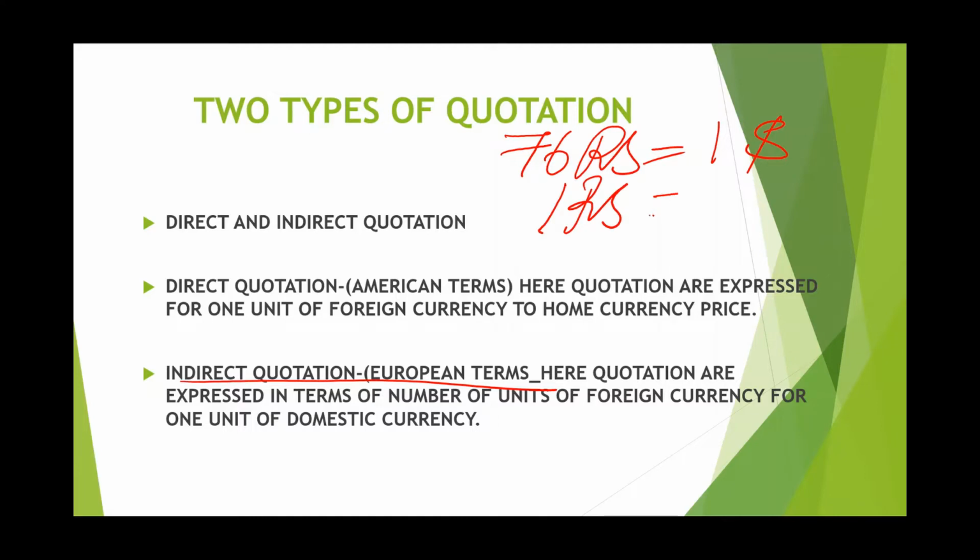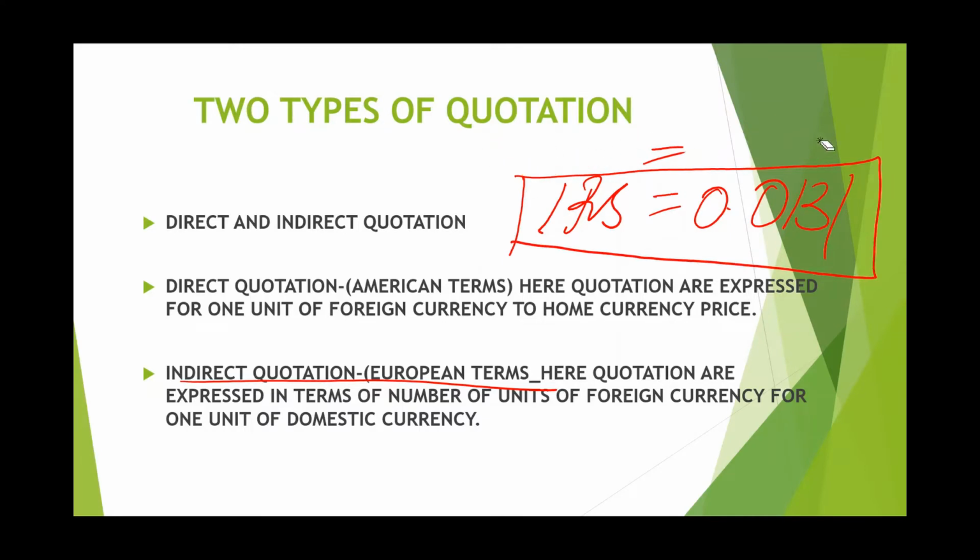It is 0.0131. If the prices are quoted in this form, it is indirect quotation. Here, for 1 unit of domestic currency, how many units of foreign currency are available? This form of quotation is indirect quotation.